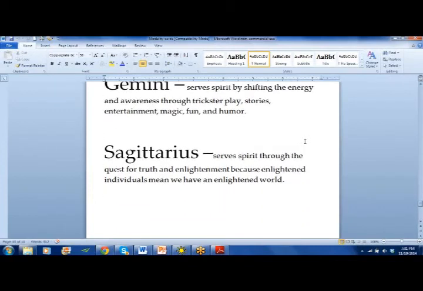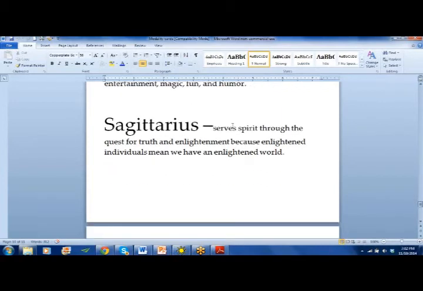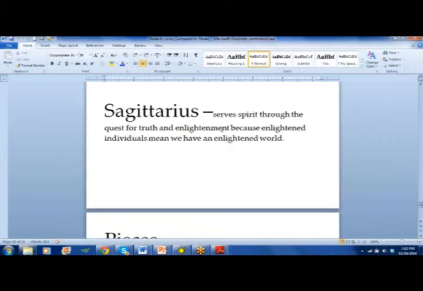Sagittarius is on the quest for truth and enlightenment, and we could say Gemini and Sagittarius are on a resonant polarity, but Sagittarius tends to be far more serious than Gemini. Gemini is really into the humor and play, whereas Sagittarius is very committed and dedicated to that quest for truth and meaning, whatever that might be, and also for enlightenment.